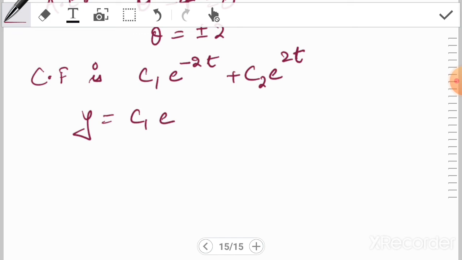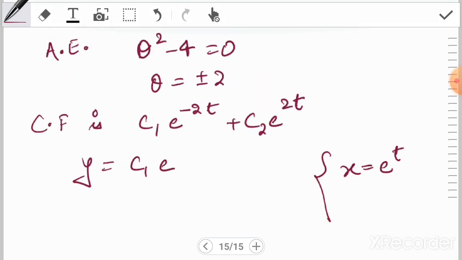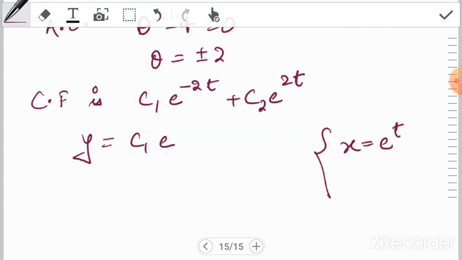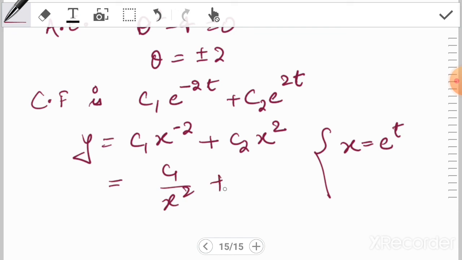So we know that we had taken x as e raised to the power t. So this is c1 x power minus 2 plus c2 x square, and this is nothing but c1 by x square plus c2 x square. So this is the required solution.